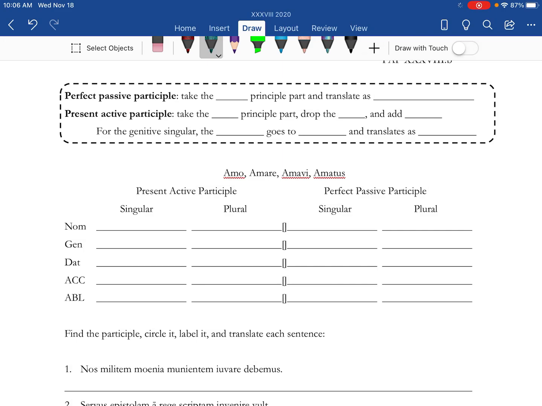So we're now working with part 2 of lesson 38, the perfect passive and present active participles. Now for the perfect passive participle, you take the fourth principal part and translate it as blanked or having been blanked.